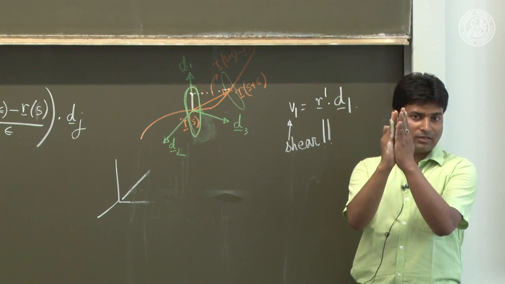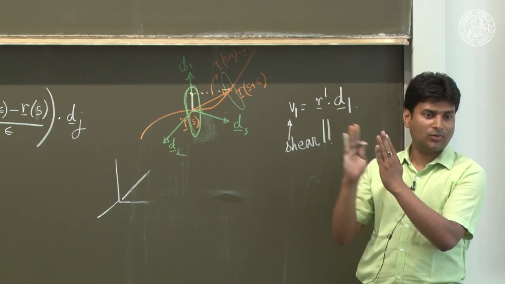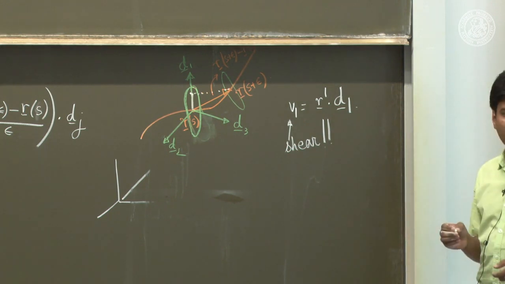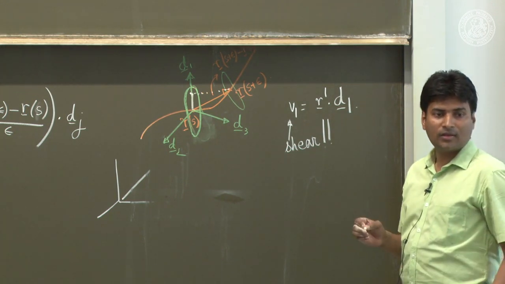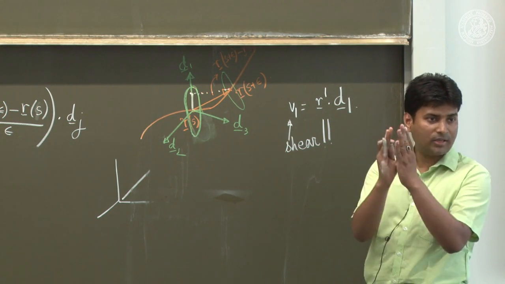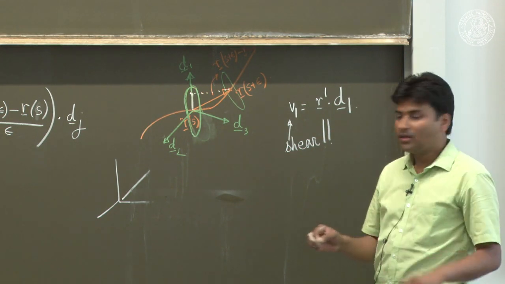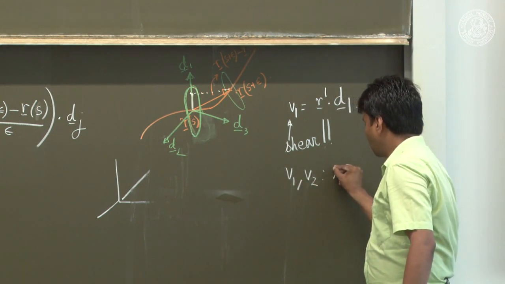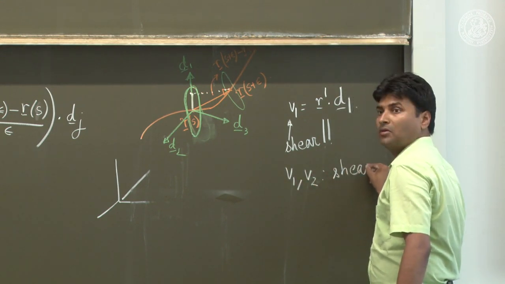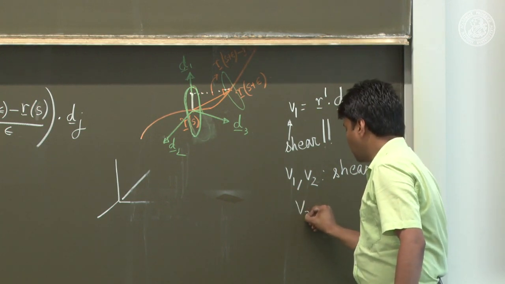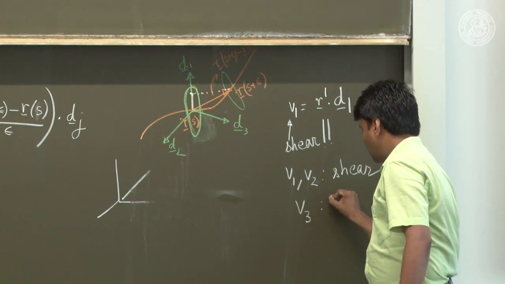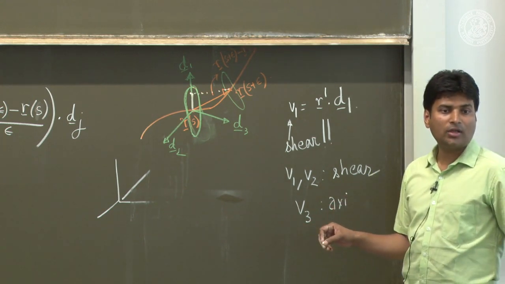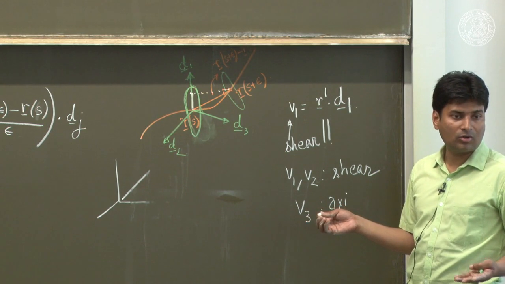So in the limit epsilon tending to 0, what is V3? It's the axial stretch, right? So V1 and V2 denote shear, and V3 denotes axial stretch, and when you subtract 1 from V3, you get axial strain or normal strain.